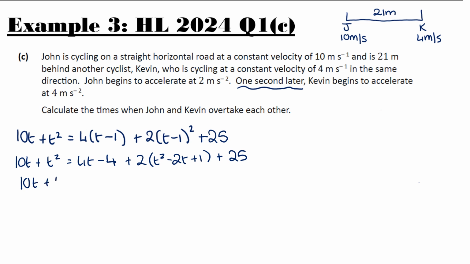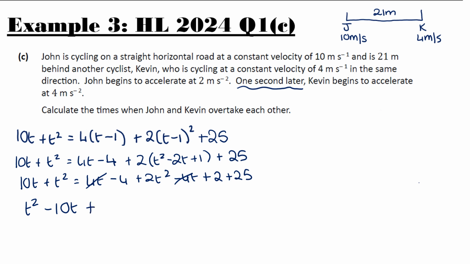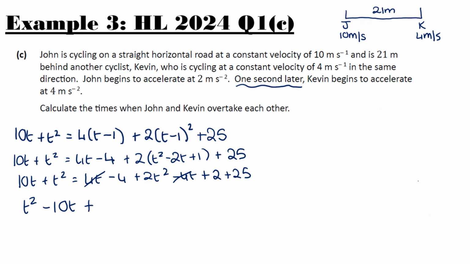That's 10t plus t squared equals 4t minus 4 plus 2t squared minus 4t plus 2 plus 25. We have a quadratic, so let's get everything over to one side. So we have a t squared. I have a 4t and a minus 4t, so then I have a minus 10t when I bring that over. And then I have some plus 23 equals 0.